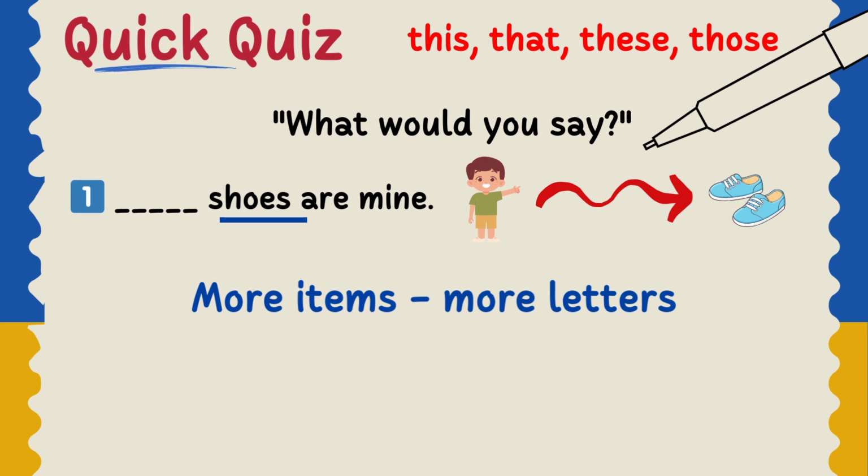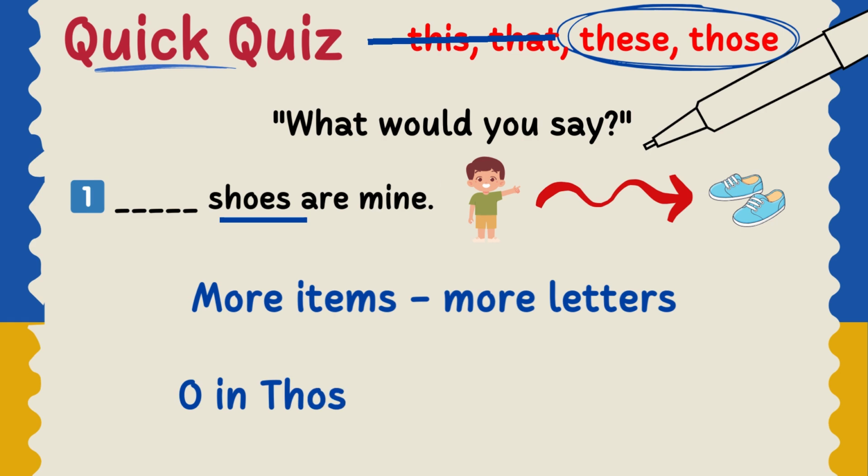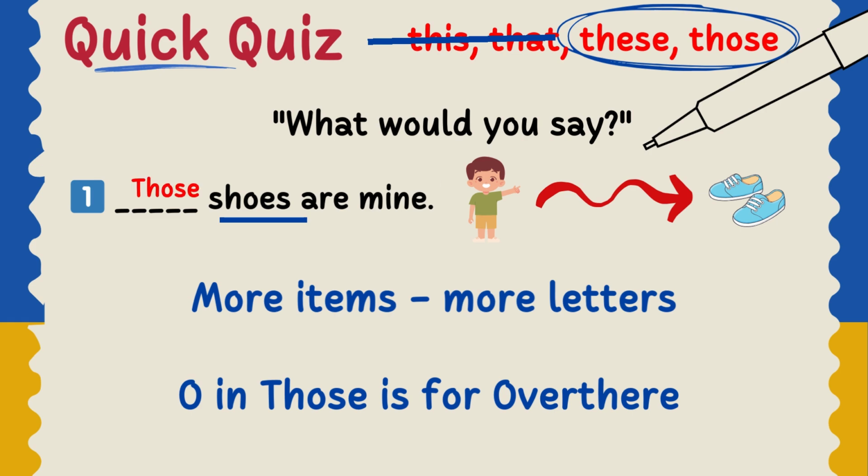So we know straight away that it's going to be either these or those. Now the picture here shows that the boy's shoes are far away from him. So do you remember how to work out whether these or those are for far away? Yes, the O in those stands for over there. So the sentence is, those shoes are mine.